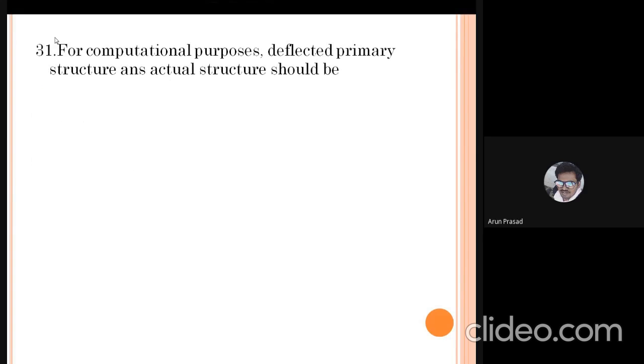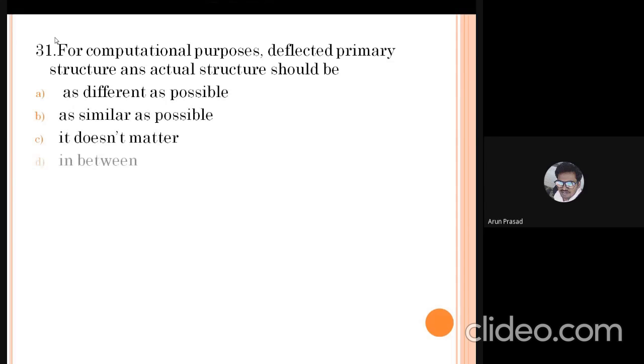The next one: for computational purposes, the deflected primary structure and the actual structure should be as different as possible, as similar as possible, it doesn't matter, or in between.